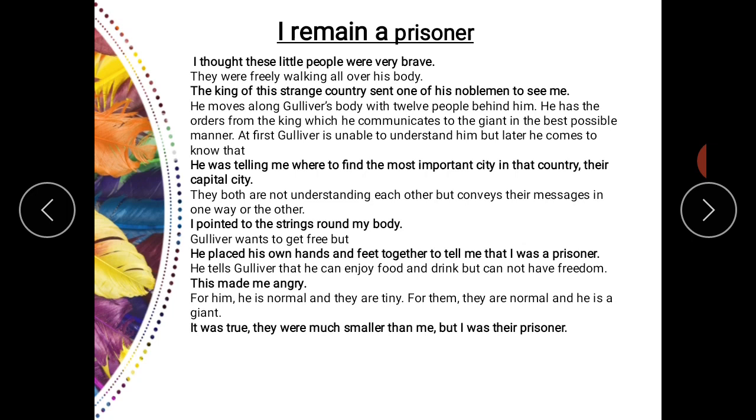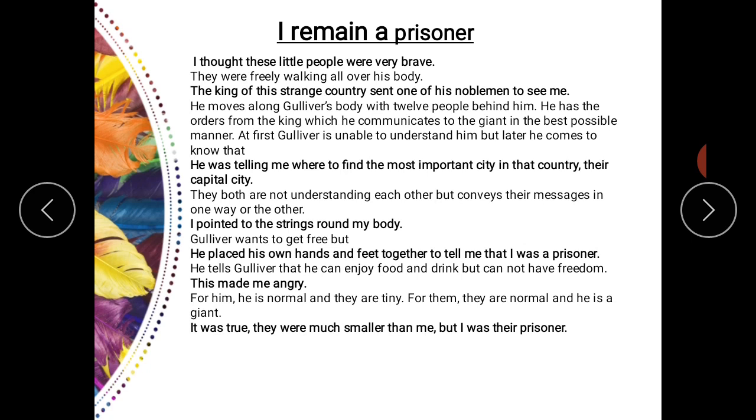I thought these little people were very brave. Why were they very brave to Gulliver? Because to them Gulliver must have looked very dangerous. He was 10 times larger than them, but they were walking all over his body.